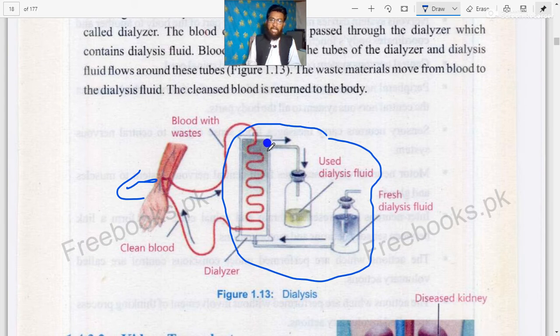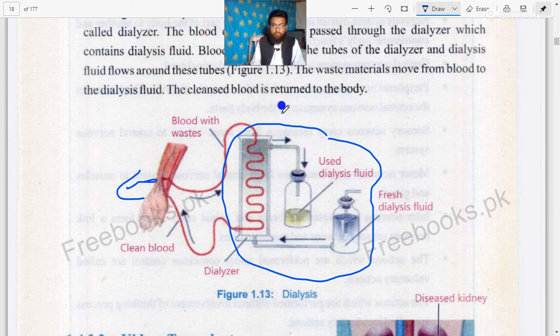Here is a tank-like structure, within which our tube carrying blood enters in a zigzag manner, and it is now leaving from here. You can see the arrow. This blood carrying tube is leaving the dialyzer machine, and it is entering back into the human body.